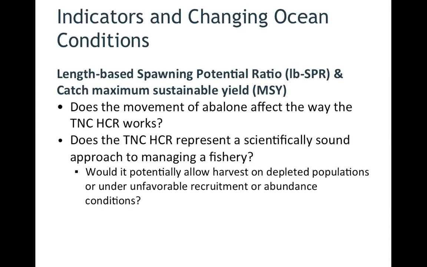The TNC harvest control rule is, I think, similar, or you would say typical, to many fishery management control rules, in the sense that it uses an indicator to then adjust catches. These indicators come both from the length-based SPR measure of the spawning potential ratio and the catch MSY estimate of catch, and it's using these together as multiple indicators.